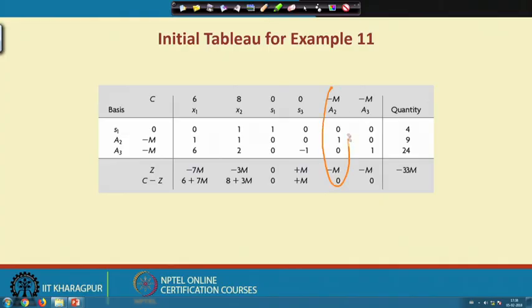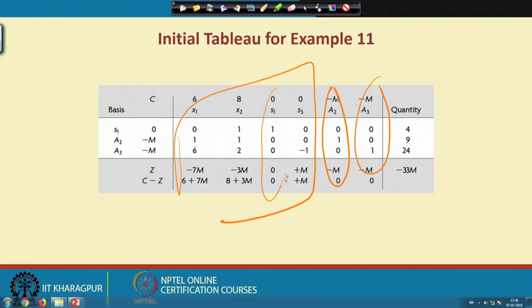In that context, we introduce 2 artificial variables, which form a unit matrix format. For example, this is the case here. We introduce 2 artificial variables with 2 unit matrix columns, because the original problem has only 1 unit matrix column, and that too with 3 different constraints. As a result the simplex method will not work, and in this context we have to introduce 2 artificial variables to start the process.